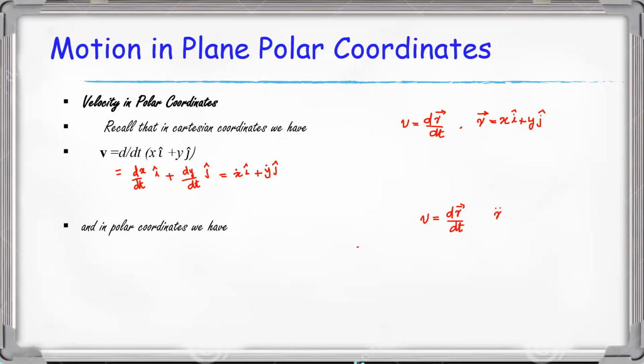But in polar coordinate, r vector is equal to modulus r into unit vector r cap, isn't it? So we write velocity v is equal to d by dt of r r cap. Here this r in italics is the magnitude of the vector and r cap is the unit vector in the direction of position.